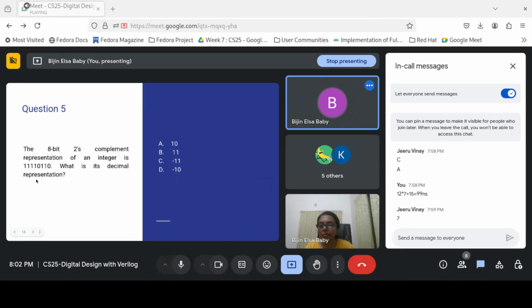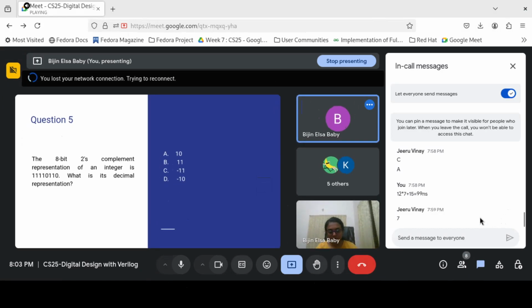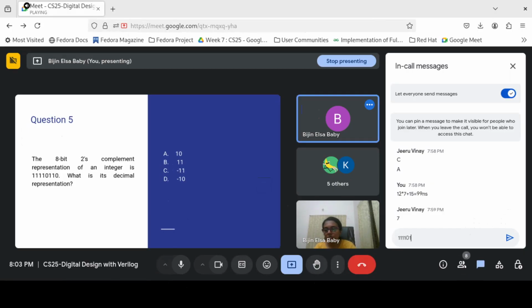What is its decimal representation? So the given representation is 2's complement. From the MSB, we can identify that it is a negative number. So this is the 2's complement. First you will have to invert it.